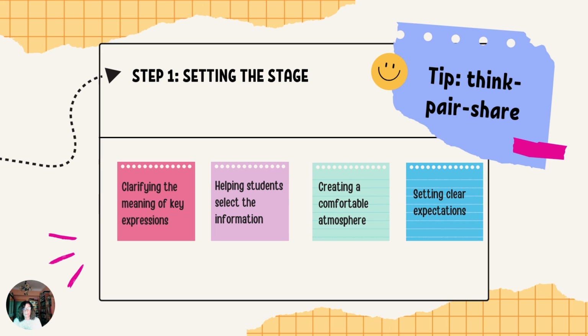This collaborative approach can help reduce anxiety and promote idea sharing. So, you need to ensure that students understand the task by, first of all, clarifying the meaning of key expressions. Take time to explain any unfamiliar vocabulary or phrases in the writing prompt. Make sure they understand exactly what they have to do. Use examples or visuals to illustrate meaning.